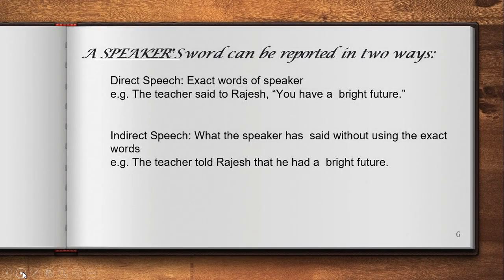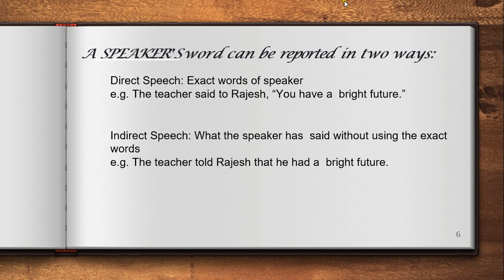So let's take a look. A speaker's words can be reported in two ways. If you want to report something, there are two ways you can say it. First, direct, and the second one, indirect speech.